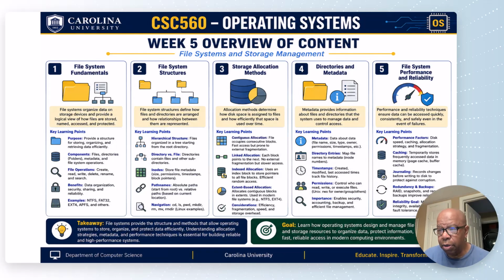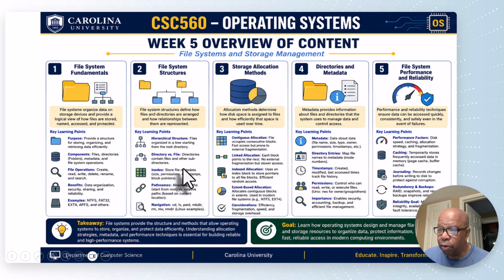In this particular case, we start out with the name of the top file, and that file is broken down into sub files, and then those sub files are broken into individual files. So that's basically the hierarchy structure.